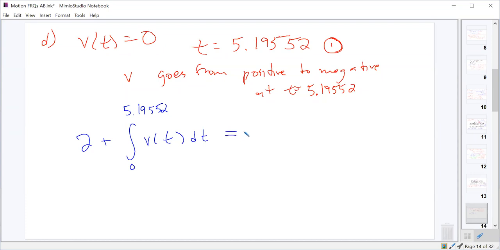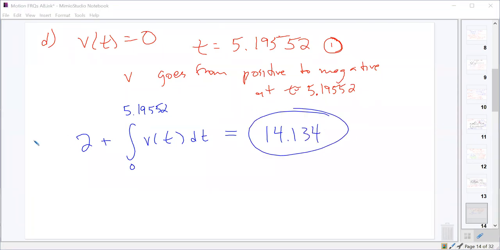And that comes out to be 14.134. And 1 point up there, 1 point for the correct integral, 1 point for the correct answer, making sure that you included that initial condition. Any questions there on that one? Or anything else we've done today?